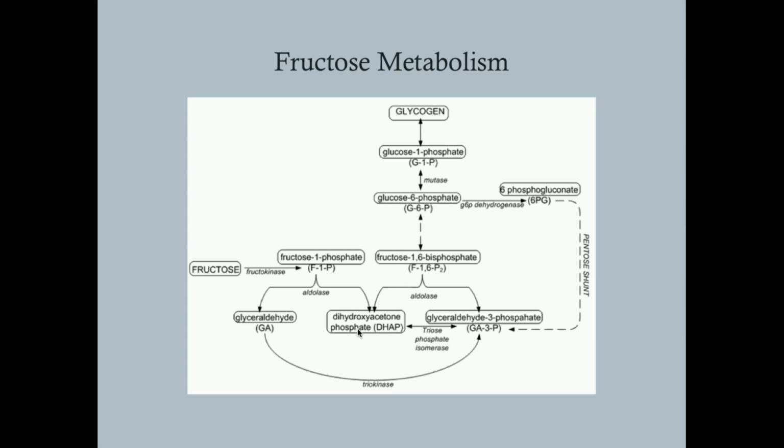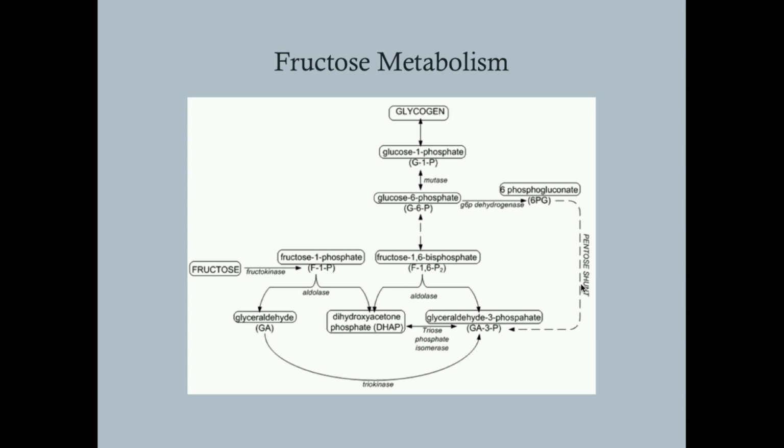So that phosphate goes to DHAP. On the other hand, with fructose 1,6-bisphosphate, we have two phosphates, so we can have DHAP and glyceraldehyde 3-phosphate. That glyceraldehyde that we get out of fructose 1-phosphate is easily converted to glyceraldehyde 3-phosphate, and then that glyceraldehyde 3-phosphate continues on through glycolysis. All right.